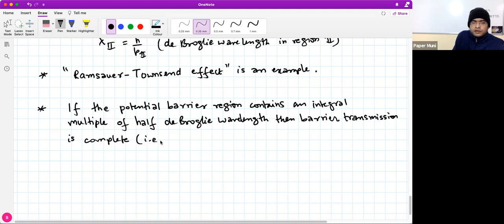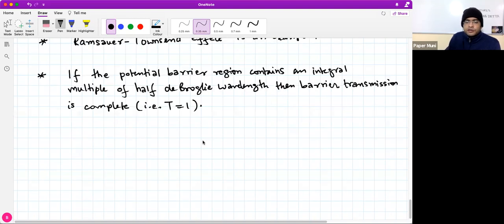So this is the conclusion which we have in this case.